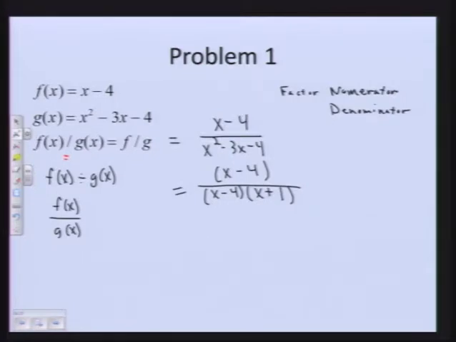Now here we have variables in the denominator, so we have to say to ourselves, we can't divide by 0. So x minus 4 cannot equal 0, so x cannot equal positive 4. Also, x plus 1 cannot equal 0, so x cannot equal negative 1. So when we do our domain, we have to exclude those values.